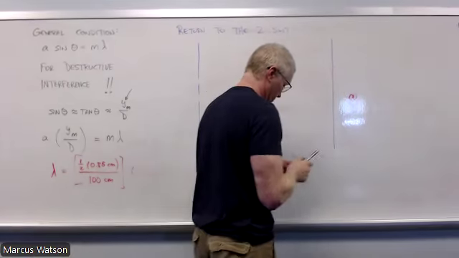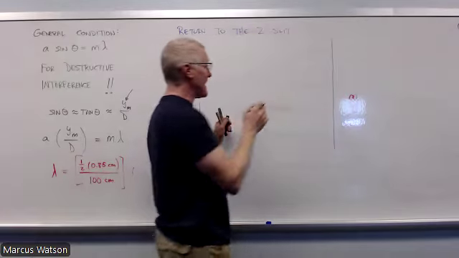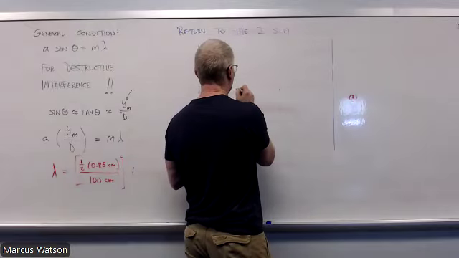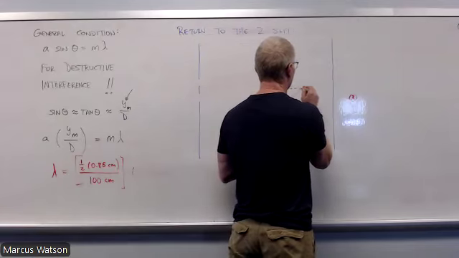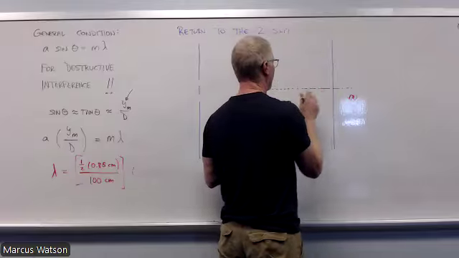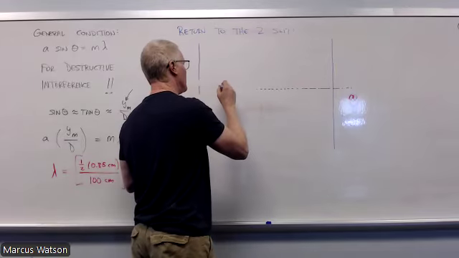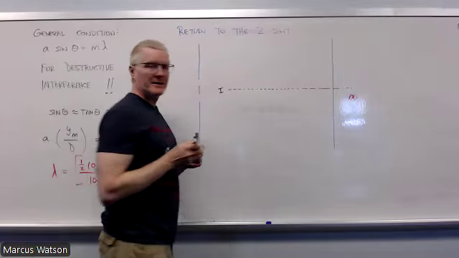We'll do this in blue. So this is like the intensity axis. I go straight across. All right, something like this.